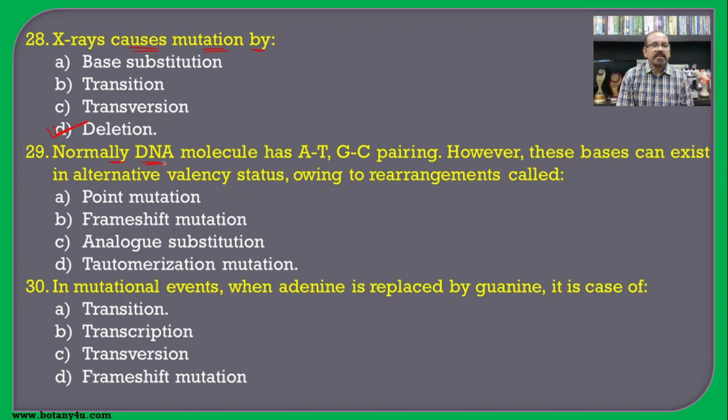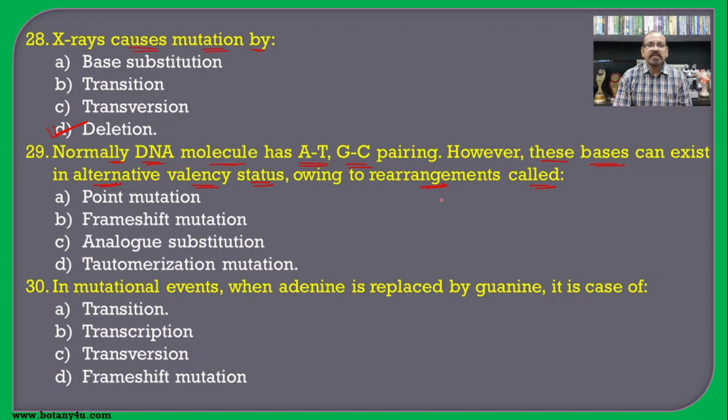Then normally DNA molecules have AT and GC pairing, that we have seen earlier as complementary nitrogen base pairing. However, these bases can exist in alternative valency status, that is, some other nitrogen bases having a changed structure are also present in the cells, owing to rearrangements called as.